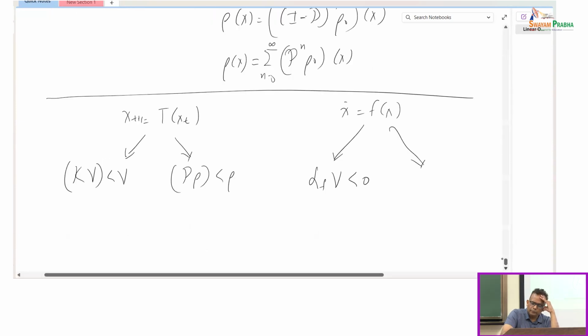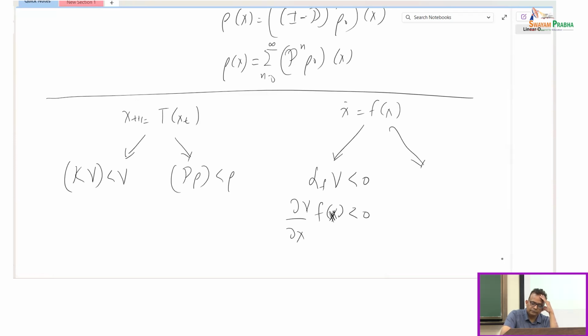By the way, what does this look like? This is just a notation. This is basically saying that partial f, partial x, f of x less than 0, right? And this is the Koopman generator. Now the notation we could use, let me use this J, J rho less than 0.